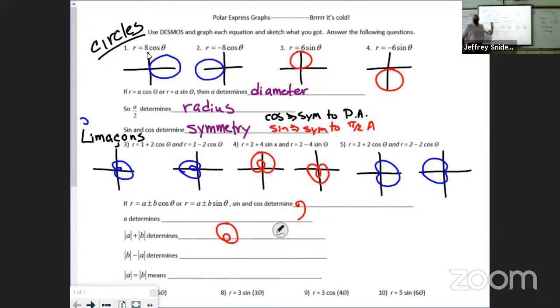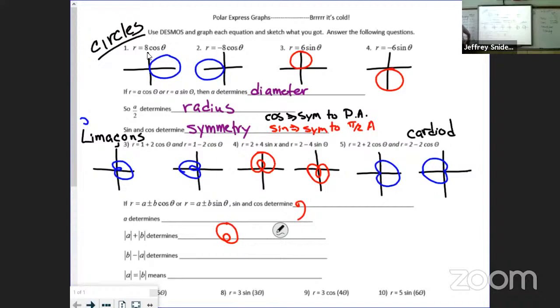See that inside loop on them? This last one does not have the inside loop on it. It's a special limaçon. And this one down here is called a cardioid, because it's kind of shaped like a heart. A cardioid is a special type of limaçon.